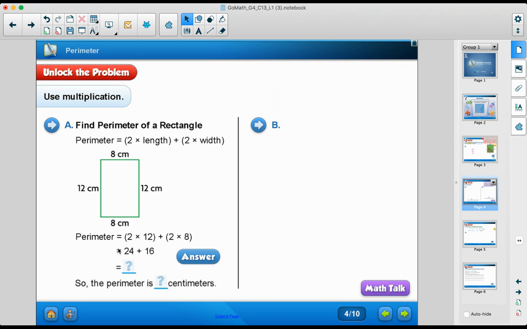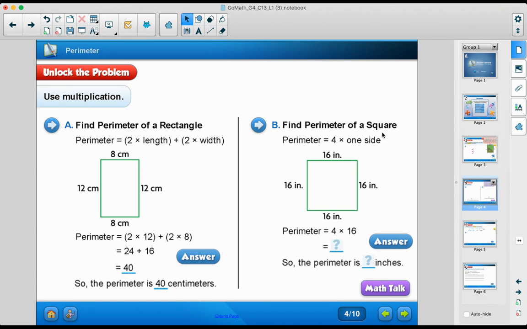So using multiplication, we multiply the length by 2, and we multiply the width by 2. 2 times 12 is 24. 2 times 8 is 16. We add now the length and the width together. 24 plus 16 equals 40. So the perimeter, the outside border of this rectangle, is 40 centimeters.